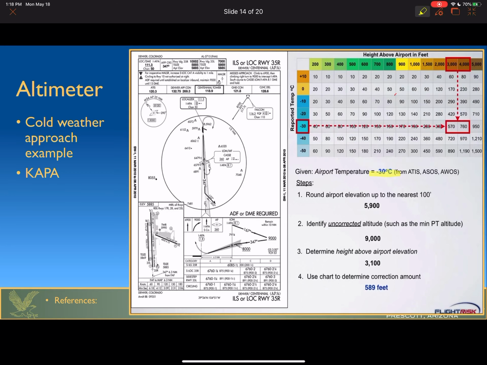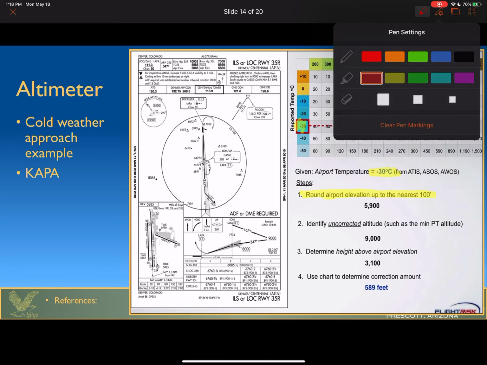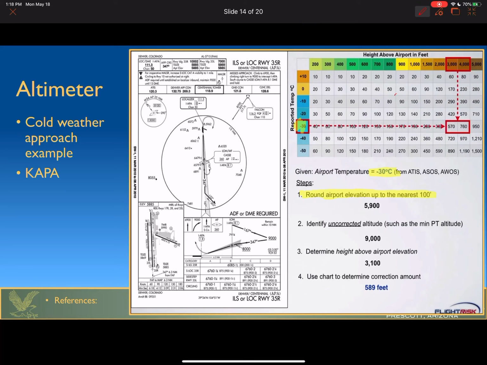So you can see here we have an airport temperature of -30, and in our chart, we've looked up -30. First, you want to take your field elevation and round to the nearest 100 feet. Okay, so this is an approach plate. Over here on the left-hand side, this is what we call an approach plate for an ILS. We're going to learn all about this later on in the course.